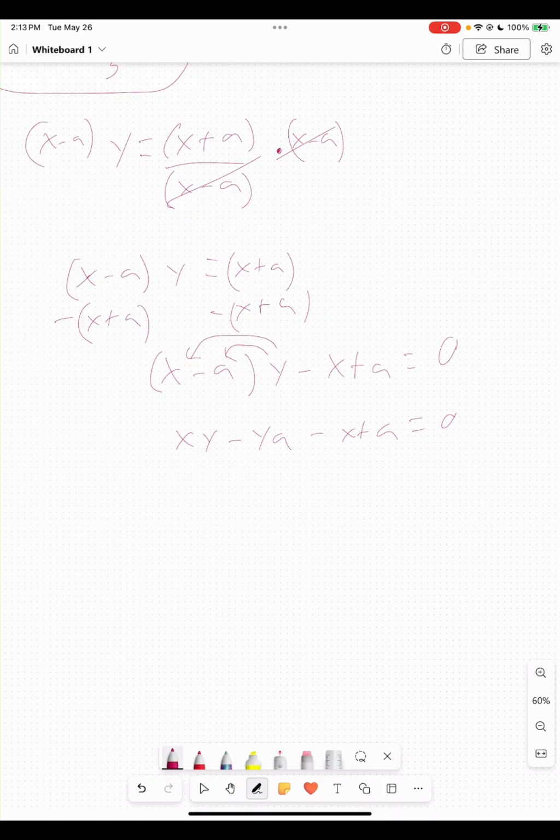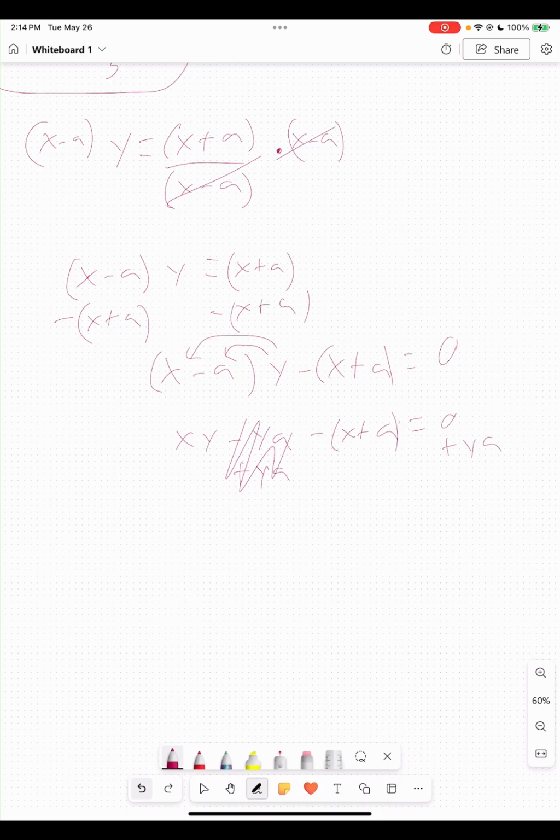So then what I'm going to do is move everything that doesn't have an x in it over here. Okay, so I've got xy that can stay. This ya here, I'm going to add to both sides to get rid of. Kills this. And then this here, I want to get rid of this plus a.